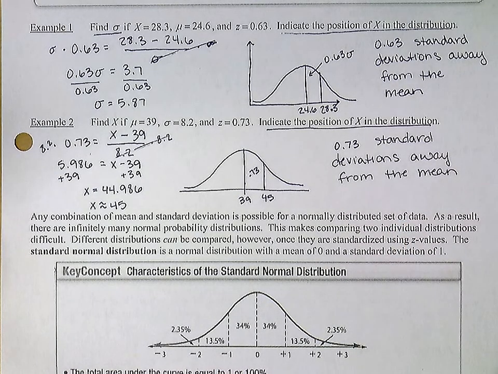Sometimes you'll be given that z-score, so it's really easy to indicate the position of x, because they already gave you the z-score. However, sometimes you'll have to solve for z, and then you'll find that value, and you could say how many it is away. Okay, questions?